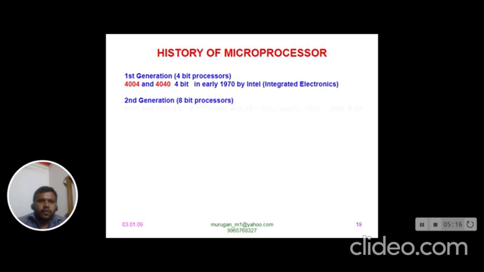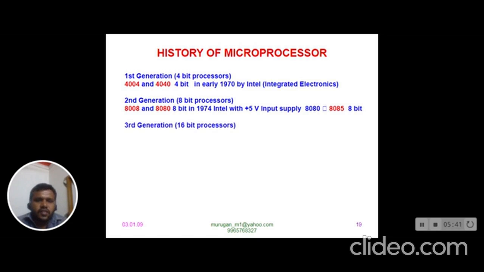The history of the microprocessor: in the first generation, we have the 4004 and 4040 microprocessors. The next ones are 8008 and 8080. In the second generation itself, we have the 8085, which is an 8-bit microprocessor.